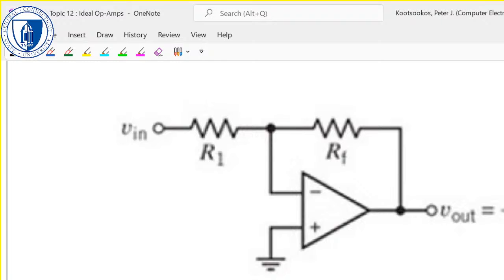So here, the output voltage is equal to the negative of the ratio of the feedback resistor RF to R1 times the input voltage. Let's see if we can figure out how that comes about.